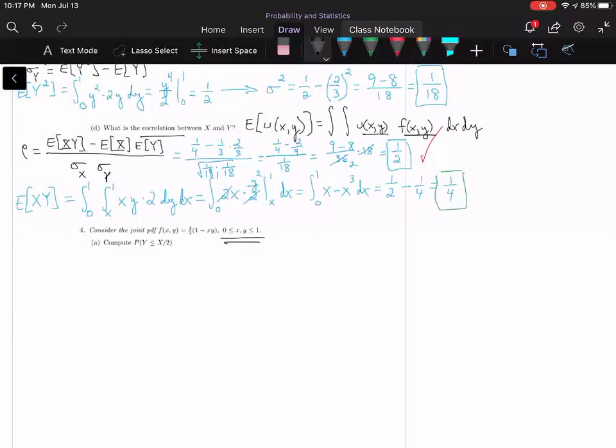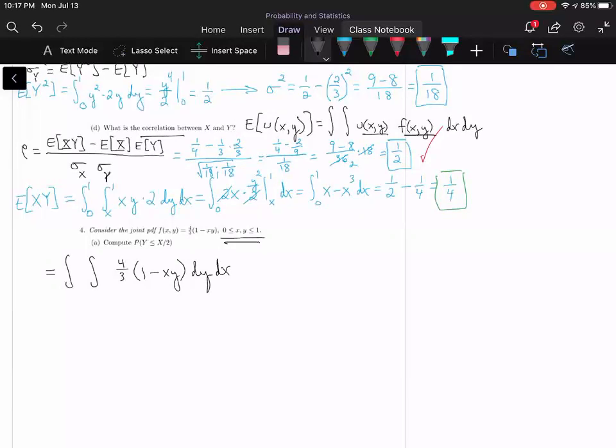We want to know the probability that y is less than or equal to x over 2. So here we've got our joint PDF of 4/3 times 1 minus xy. I'm going to integrate y first. And in this case, it's because I know y is restricted by x, not because of the support, but because of the probability statement.